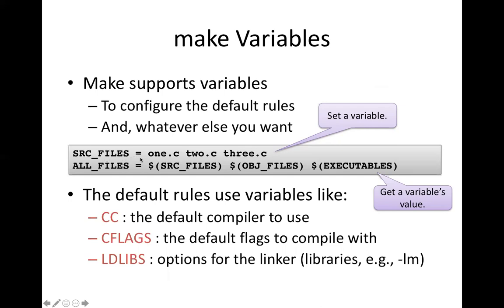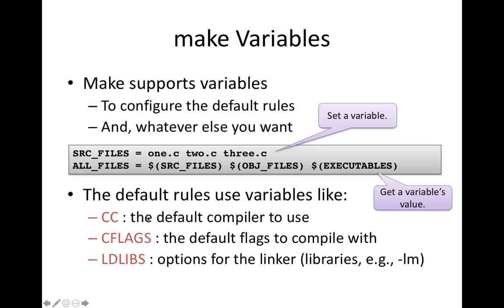And then if you use an equal sign, everything else on the line after the equals is whatever string that evaluates to gets assigned to the variable. You can use this commonly to keep up with a list of files in your makefile. So it might be common to have a list of all the source files in your program, and to use a variable to keep up with that list.